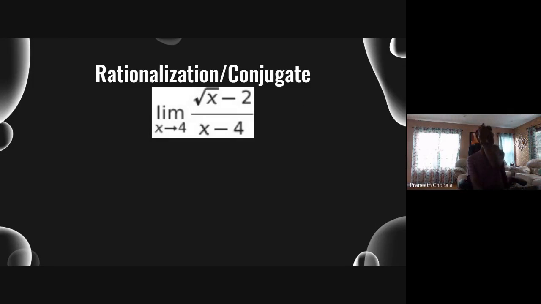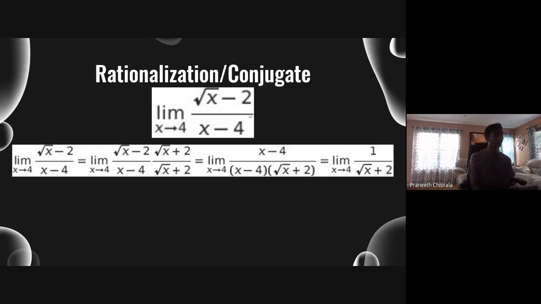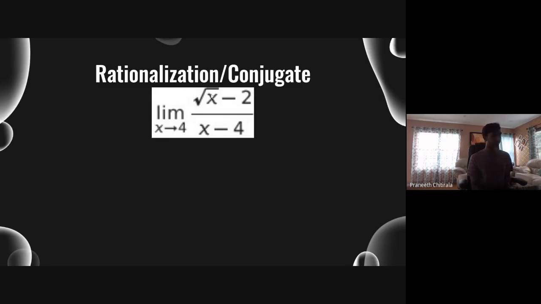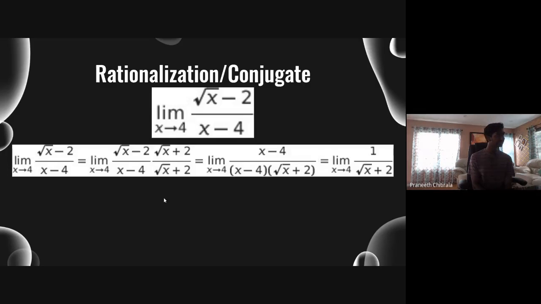So rationalization and finding conjugates. You can find the rational conjugate of the numerator here. If you plug in 4 for this, you get 2 minus 2 over 4 minus 4, and that's equal to 0 over 0. So you have to use rationalization and a conjugate.